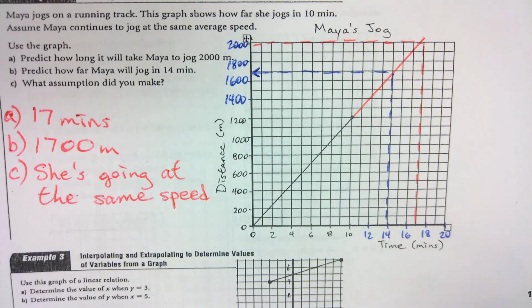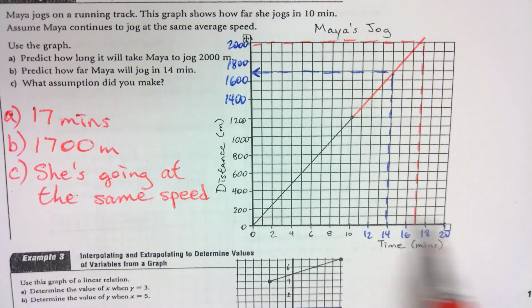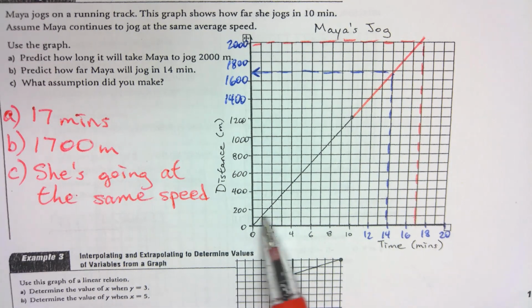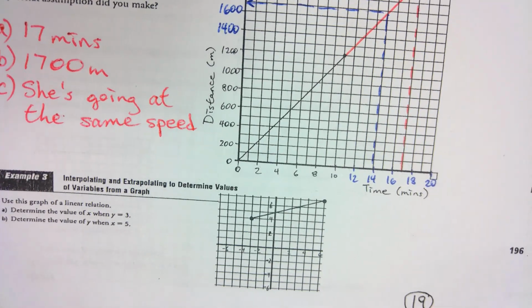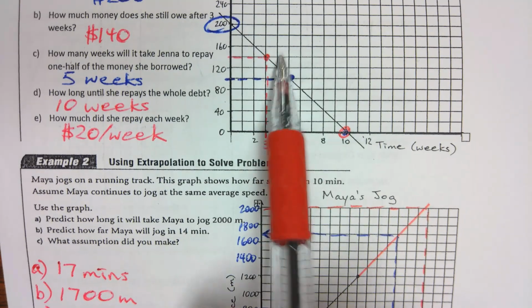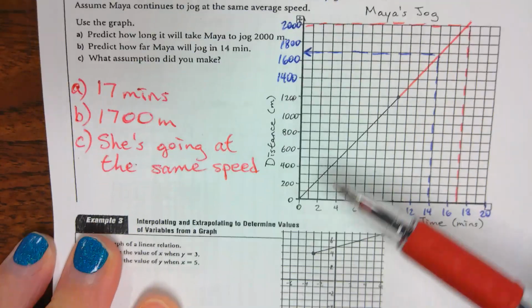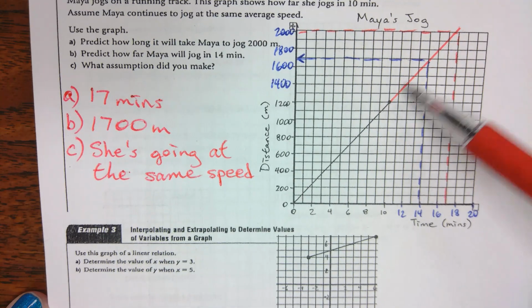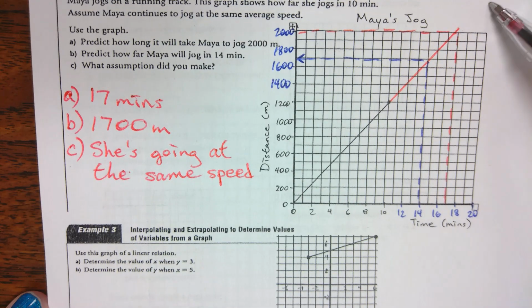Every time that you have time as your independent variable, it's almost always continuous because the minute keeps going. Okay, last one right here. Oh, sorry. So this is interpolation, where our data is within the data, and then this is extrapolation, extra, because we have to extend it.